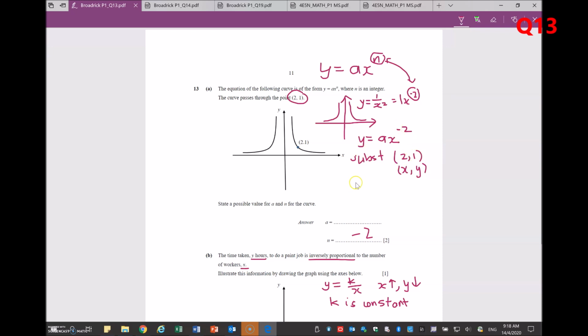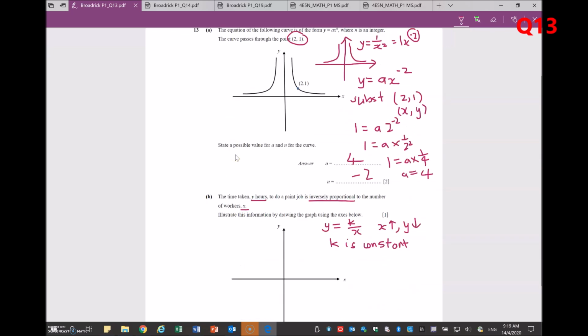So y is 1, I have to find the value of a, and the x value is 2, giving me 2 to the power of negative 2. And this gives me a times 1 over 2 to the power of 2, which is 1/4, giving me the value of a equals 4. So that is for question 13a.